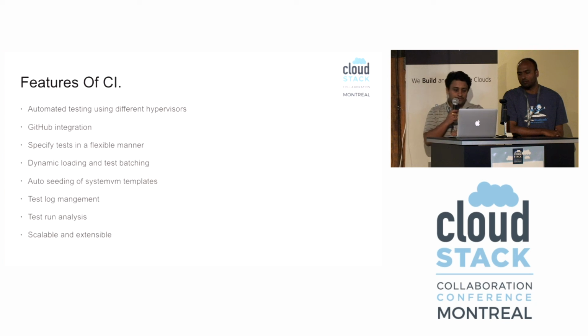So we have a way of specifying test batches, and also the tests that we need to run. Another thing is that while running in parallel, you don't want to run two conflicting tests at the same time.